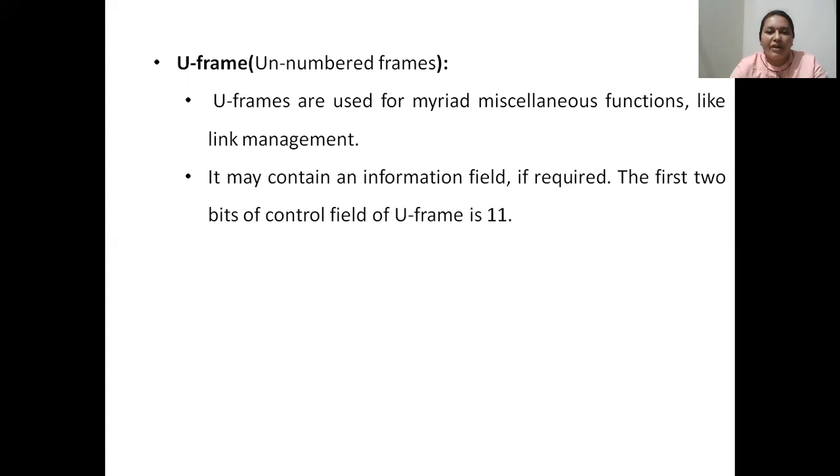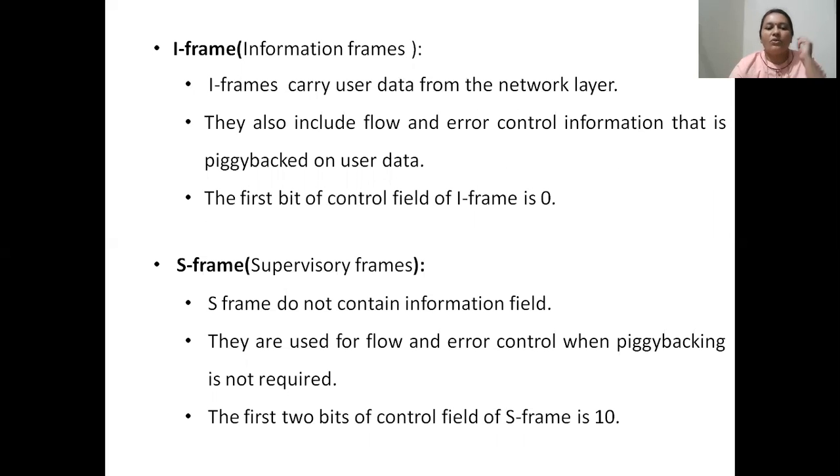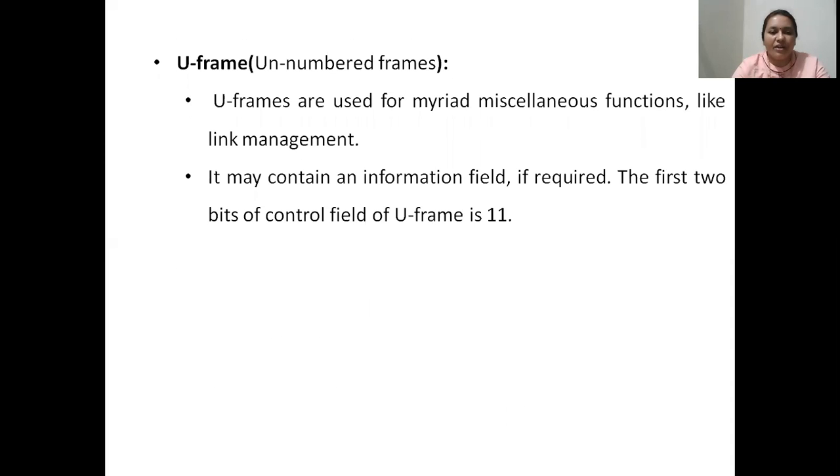So this frame can contain an information field also if required. And the first 2 bits of the control field of the U frame will contain 1, 1. So 1, 1 is the bit combination which uniquely identifies the U frame, 1, 0 identifies the S frame, and 0 indicates the I frame.